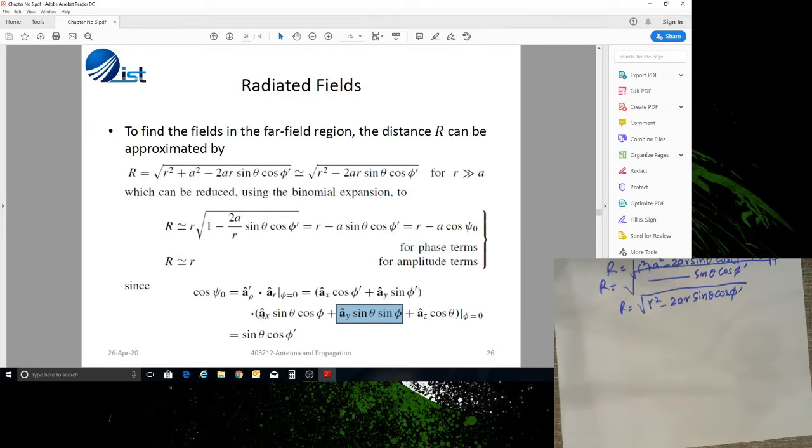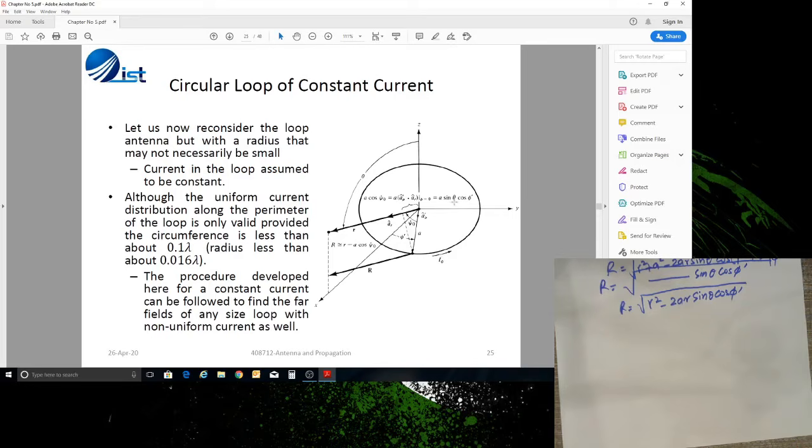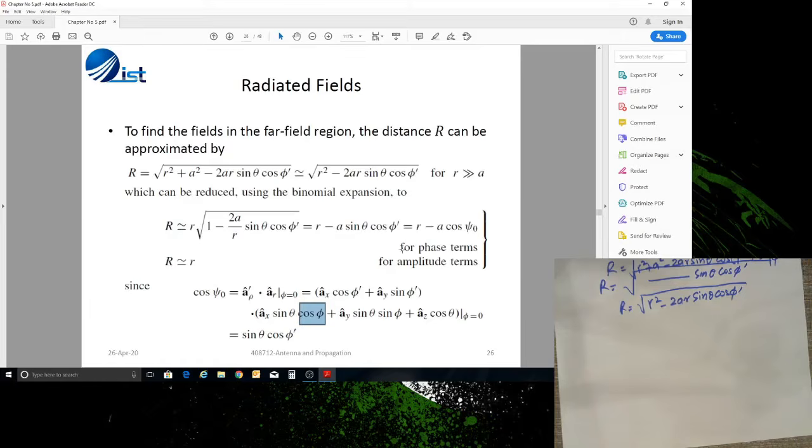When AX has a dot product with AX, the only thing we have is sine theta cos phi prime, and since phi is equal to 0, cos of 0 will be equal to 1. So the only element left will be sine theta cos phi prime. This is the same thing that we have over here, that cos of psi naught is sine theta cos phi prime. So by using those transformations, we can directly find cos of psi naught in terms of theta and phi prime.